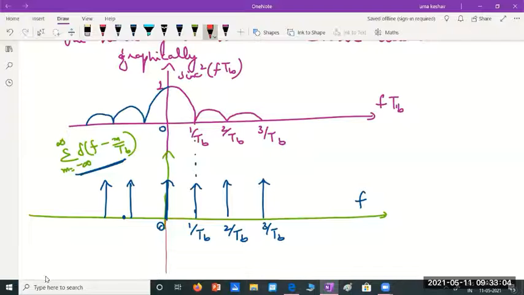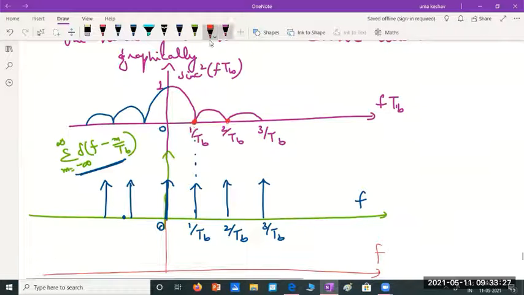Looking at these two graphs, what would be the resultant plot? Delta functions with varying amplitudes. See properly. Observe what is the value of the delta function in this sinc square only at FTB. 0, ma'am. Okay, only at 0 it will be. Yes, you would get only this one.